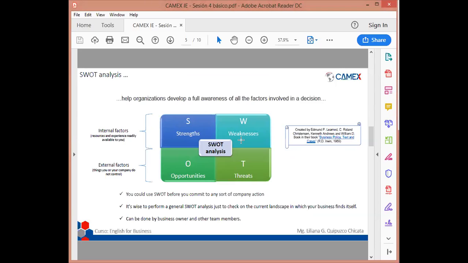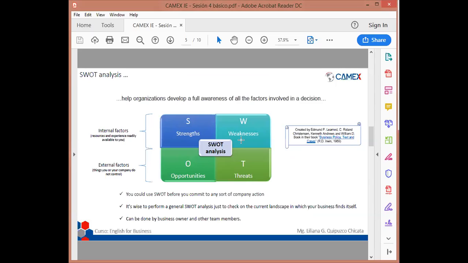Nowadays it is better if we do a SWOT analysis before making any kind of decision, because this will allow us to see how our company is right now, in what our company is good, in what our company is bad, what opportunities we have around our company that we may take advantage of, and what are the possible threats that we might be careful about, that we might keep an eye on, so our decision doesn't get us to a bad situation.